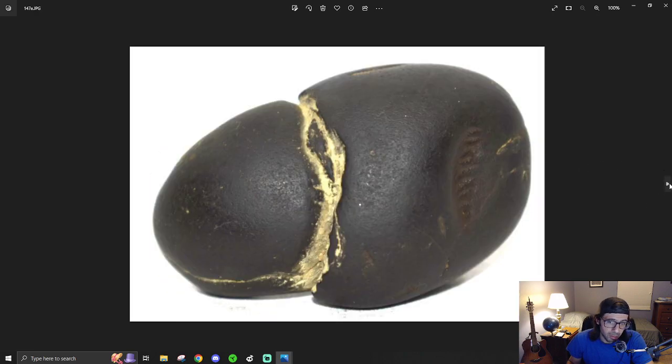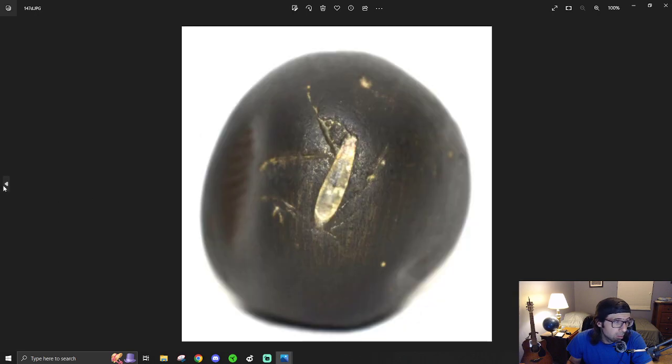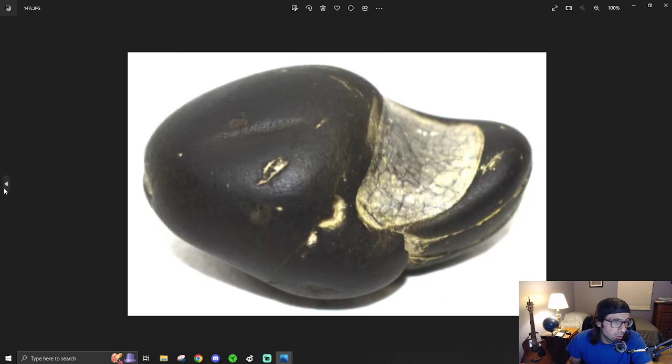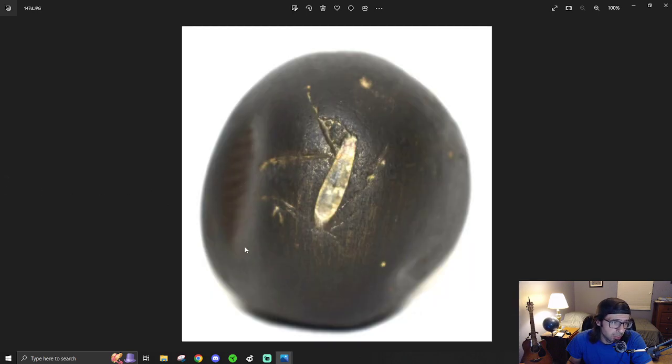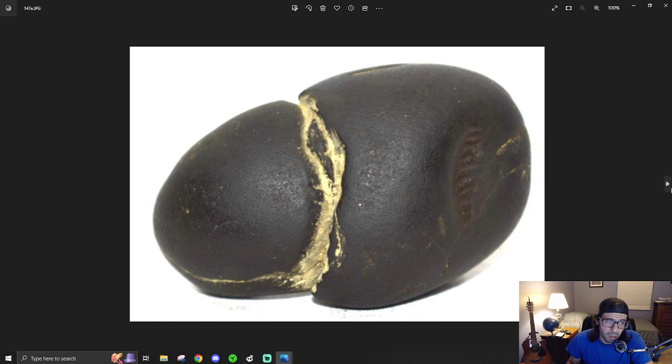But there's one of those like rake things there. So I guess this is the bottom. This must be the bottom here, just based on this. It's kind of crazy.